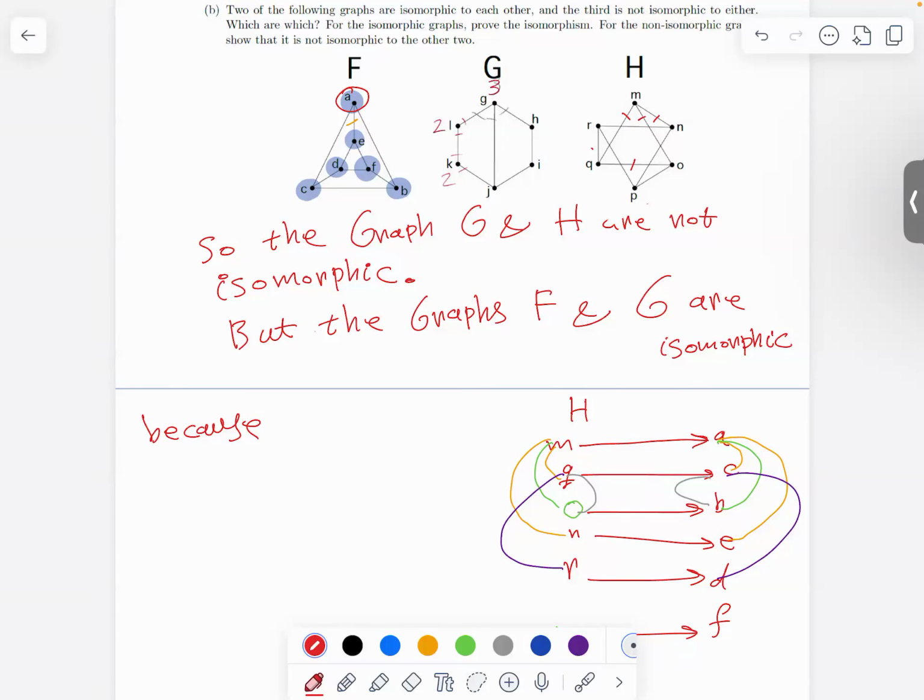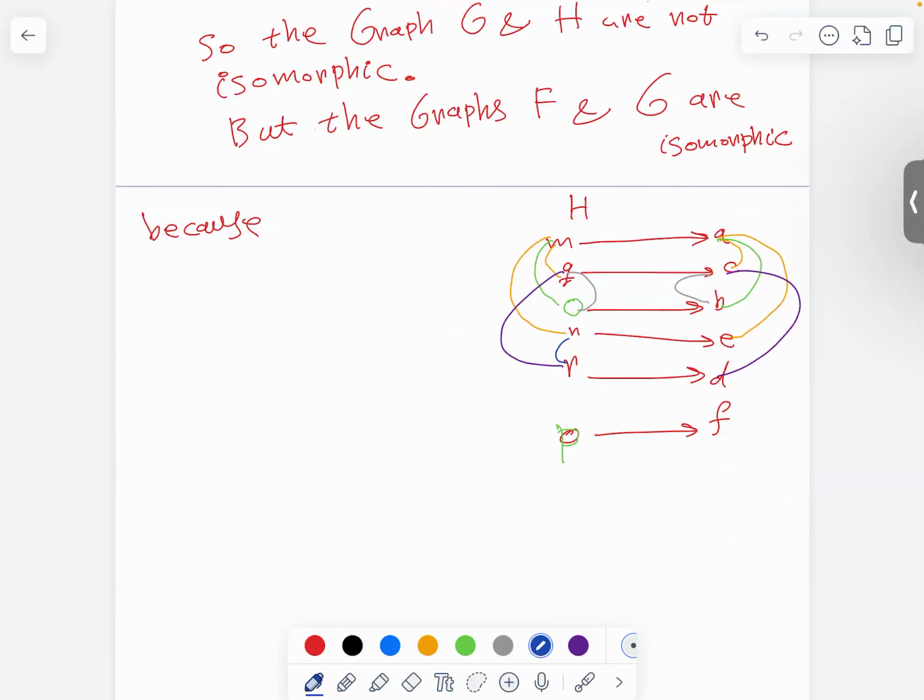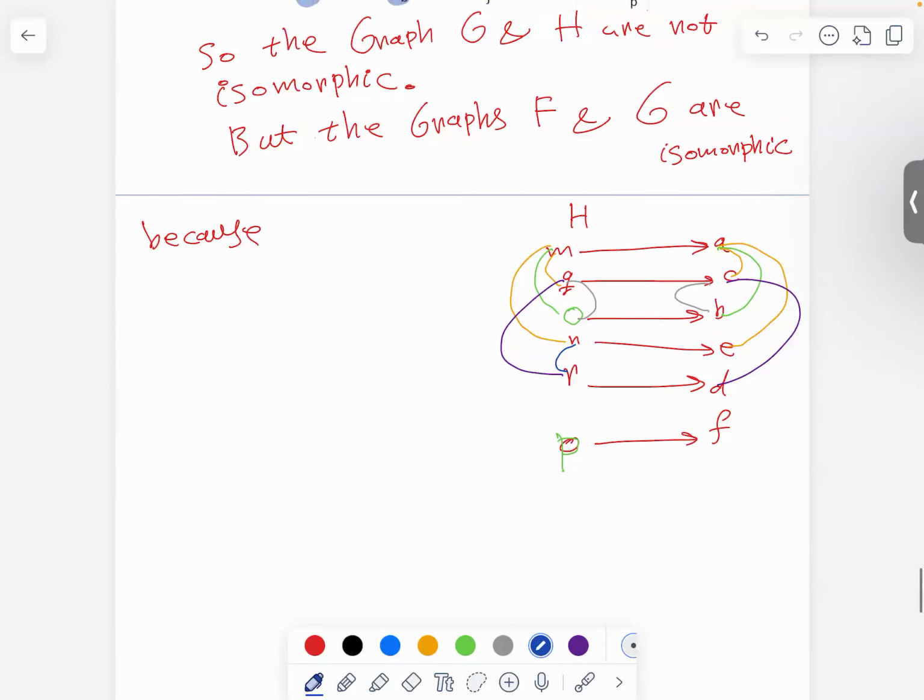Okay, what else do I need? I would like to check this guy, this R to N. I want to see if there is an edge between D and E. Yes, there is one.